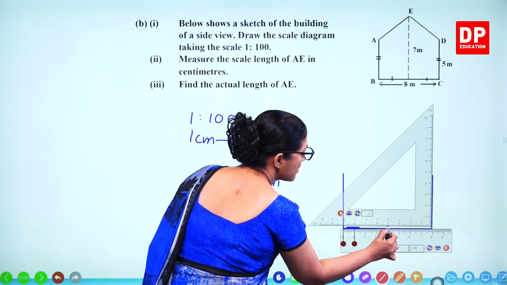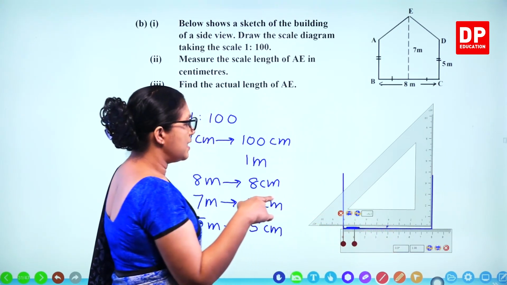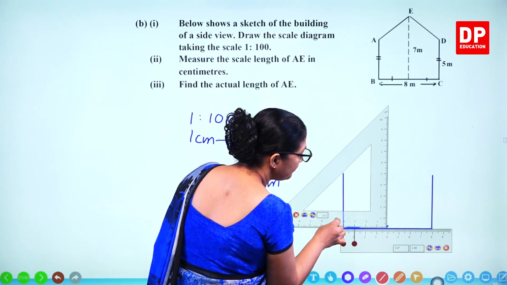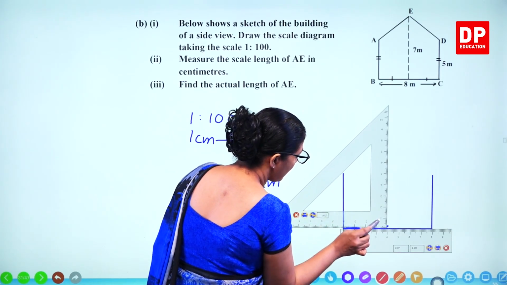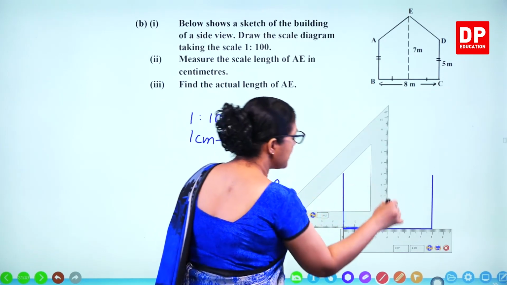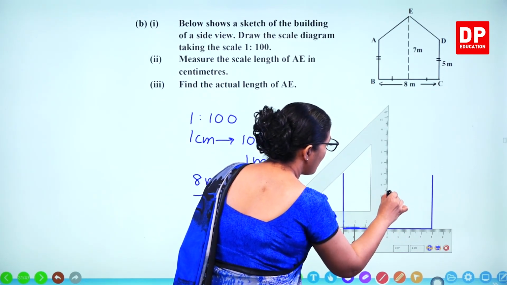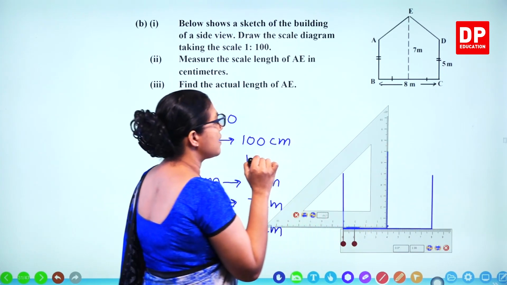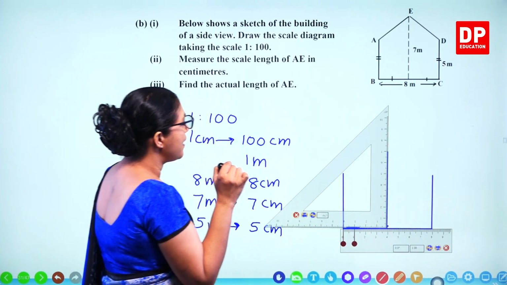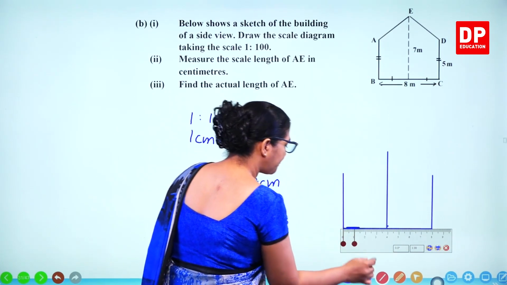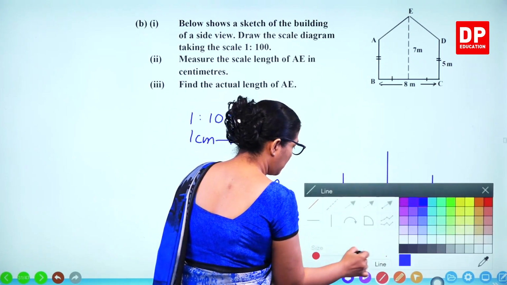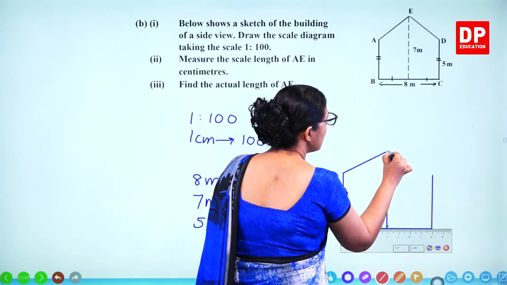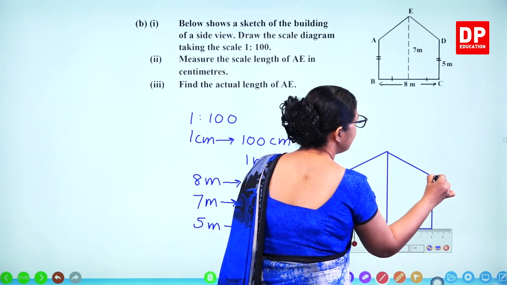So that's 4 centimeter length, and now we can keep it here and draw 7 centimeters now. 7 centimeters, and now connect this point to this point and here to here.